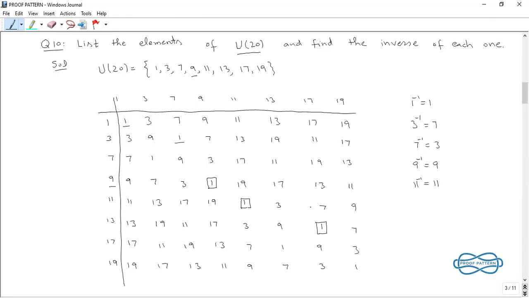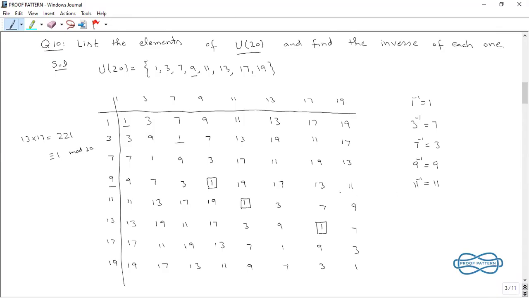I explain this: when we multiply 13 with 17, we get 221, and that is congruent to 1 mod 20.